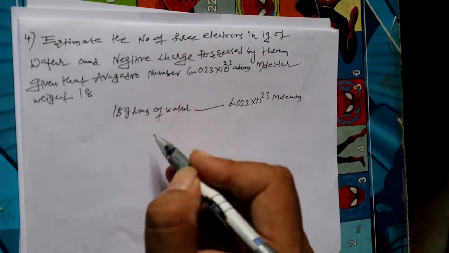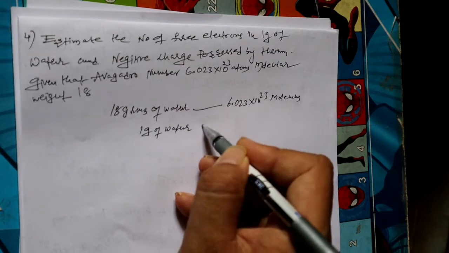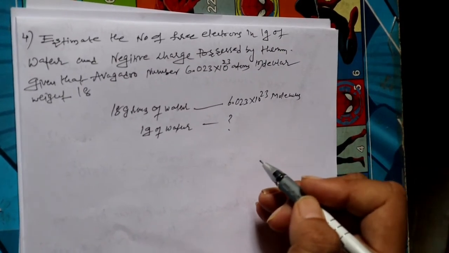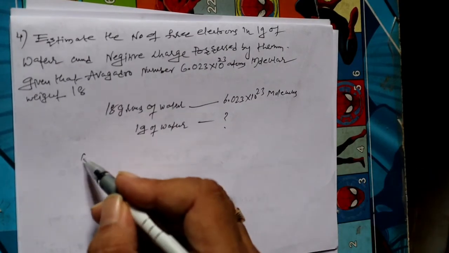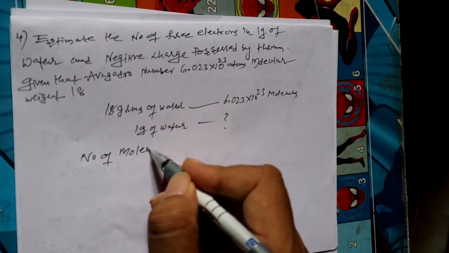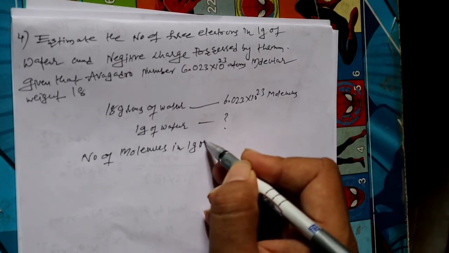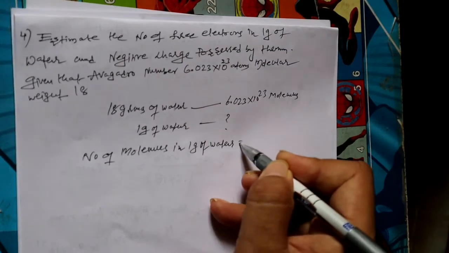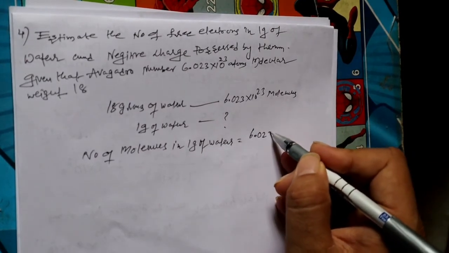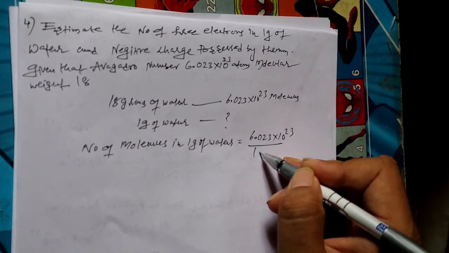We want to find out how many molecules in 1 gram of water. So, number of molecules in 1 gram of water is equal to 6.023 into 10 power 23 divided by 18.